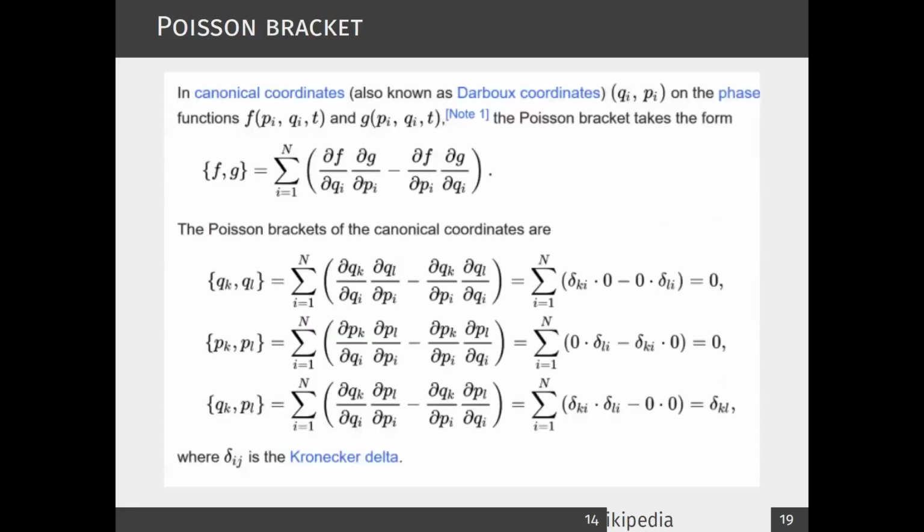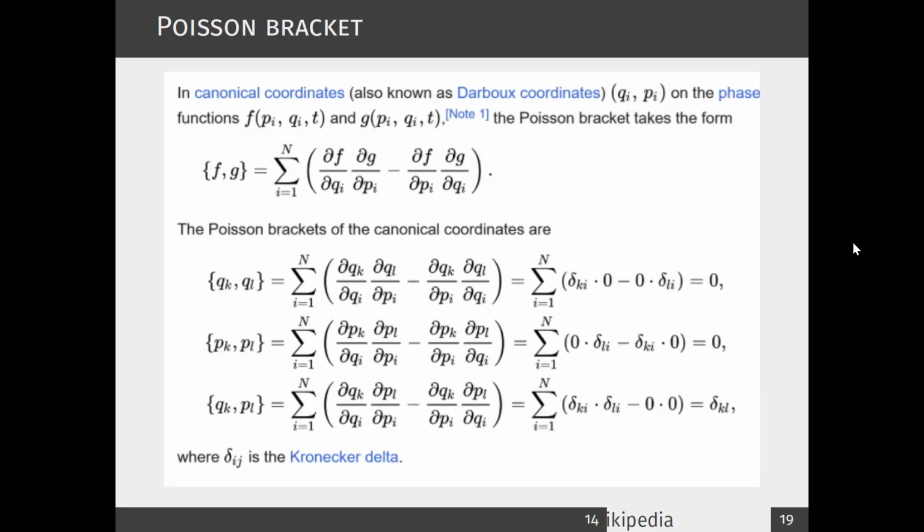All right, now let me talk a little bit about the procedure of quantization of the Josephson effect. There is a Poisson bracket definition.